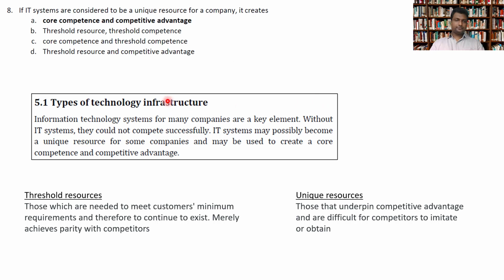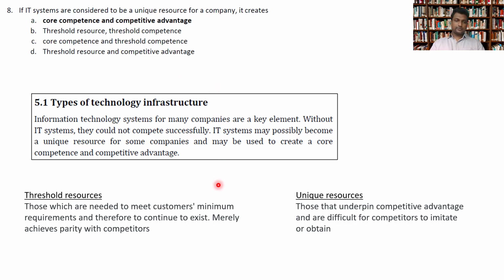It says, information technology systems for many companies are a key element. Without IT systems, they could not compete successfully. IT systems may possibly become a unique resource for some companies and may be used to create a core competence and competitive advantage. So that's why this answer is selected as the correct answer.